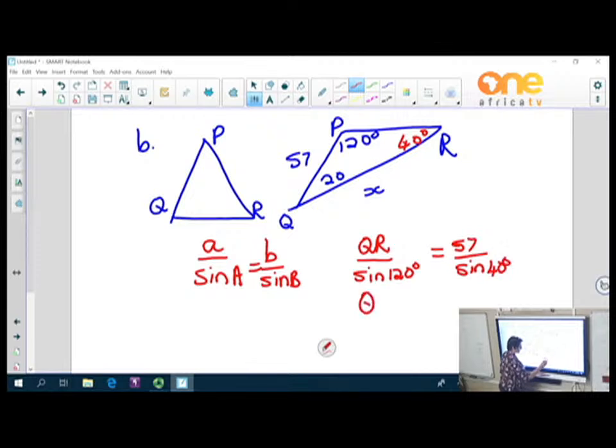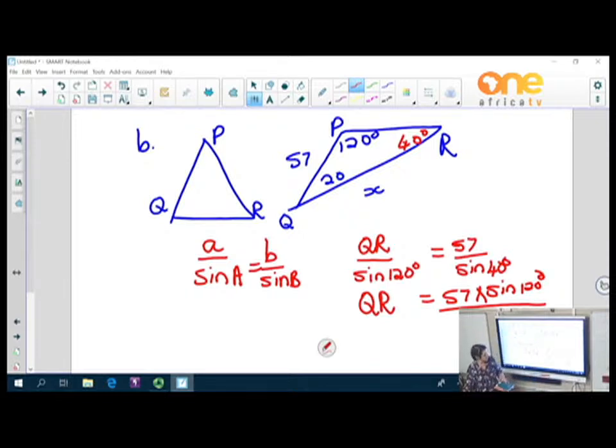And again, to get QR now, I will multiply here, and I will also multiply on the right-hand side, sine 120 degrees, divide by sine 40 degrees. So on my calculator, 57 times sine 120 is equal to divide by sine 40.